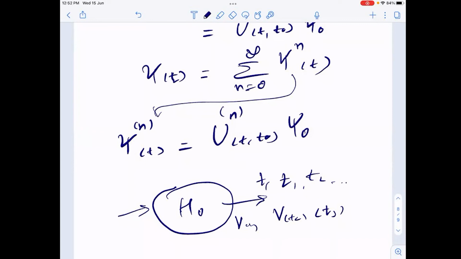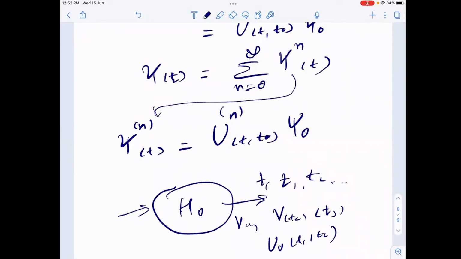So the unperturbed system undergoes interaction, let's say V(t2), at time t2. Then it continues to evolve by our operator U0(t1,t2) to the next stage, right? Till time t1.